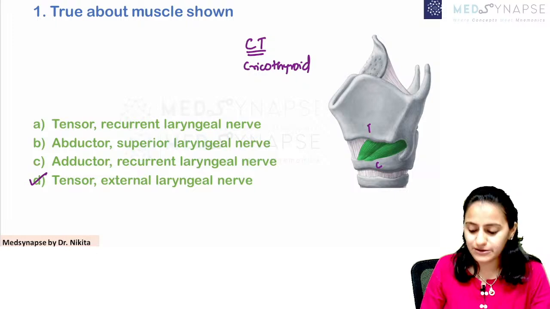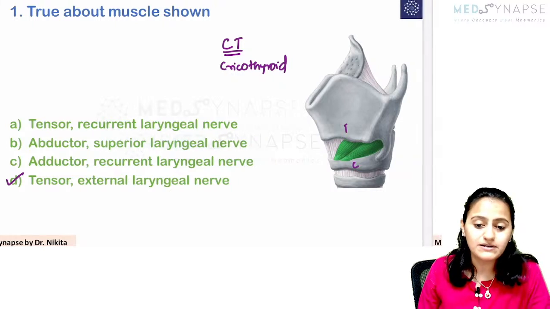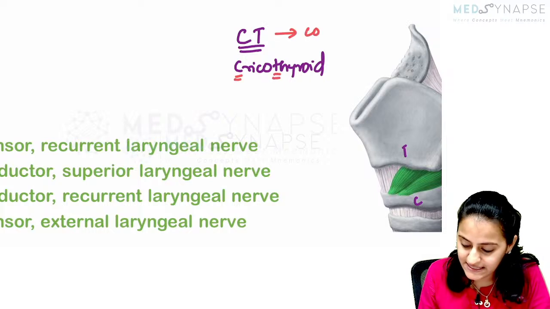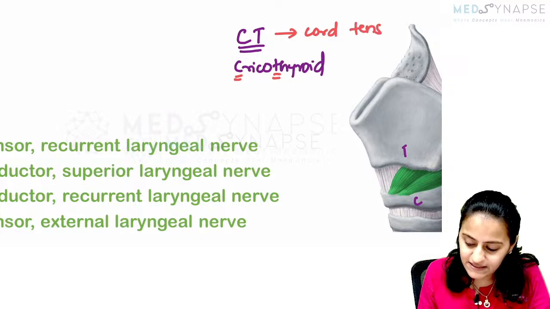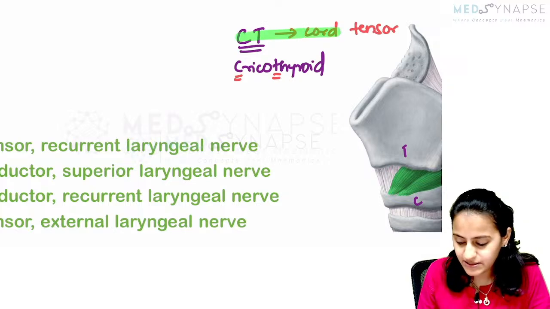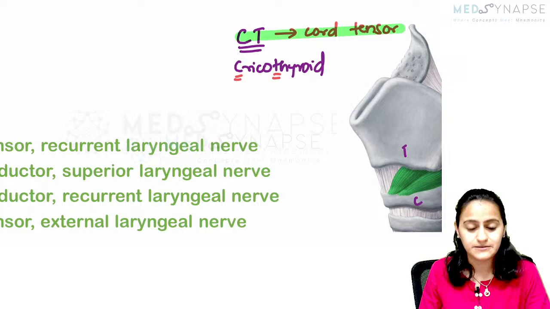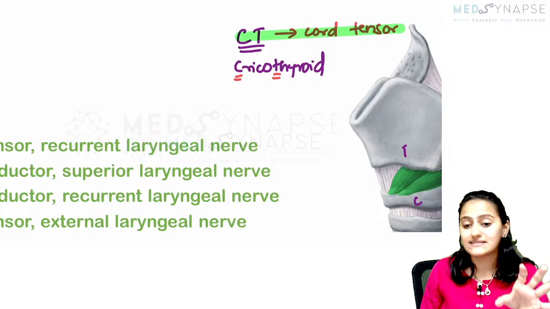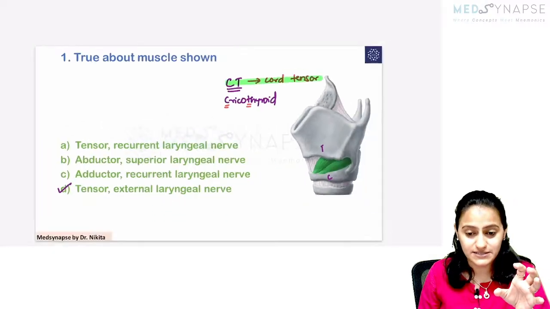And an easy way to remember the action of the cricothyroid muscle is, remember cricothyroid, CT, is a CT. That means it is a cord tensor. So remember that the action of cricothyroid is a cord tensor. It is not the abductor.